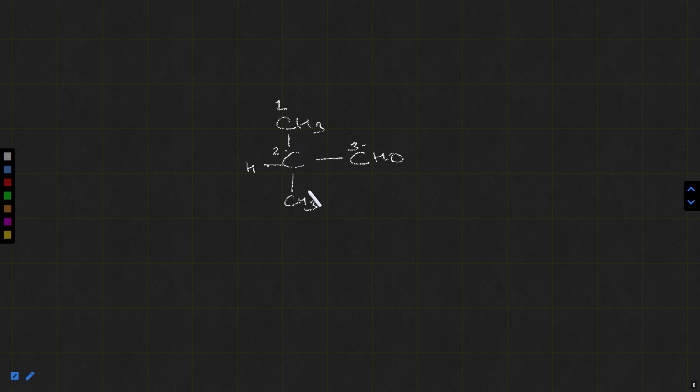At second position we have methyl. So first we numbered this thing, but it is done in the wrong way, because the aldehyde group is present at third position. So we'll change this numbering: 1, 2, 3. So first we will put the base, that is prop. At 2 position we have the methyl.